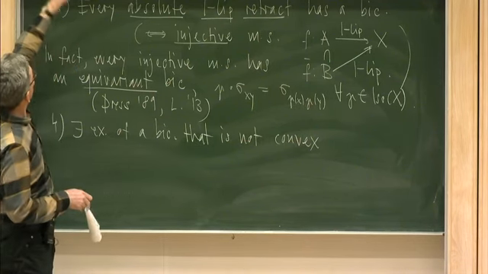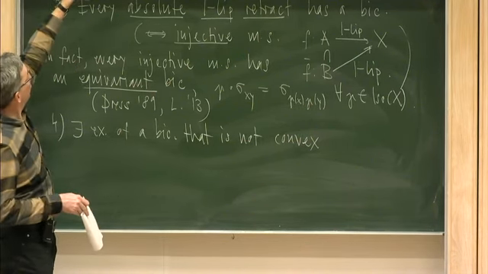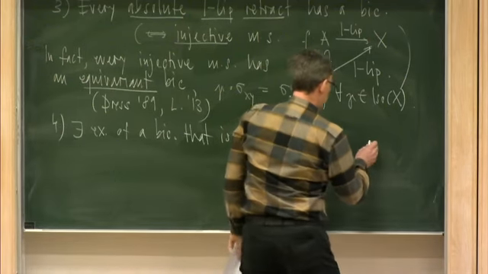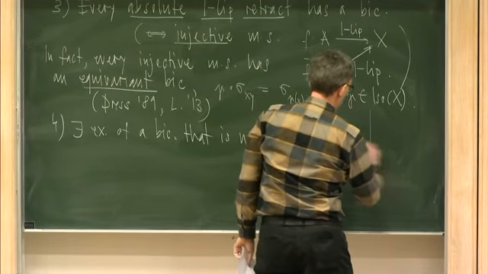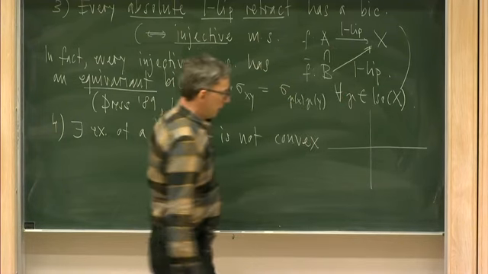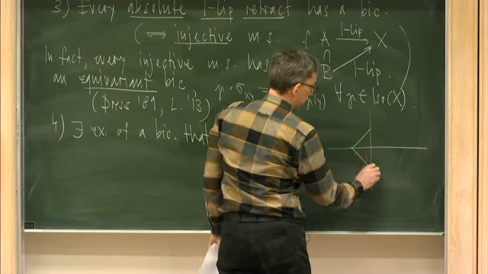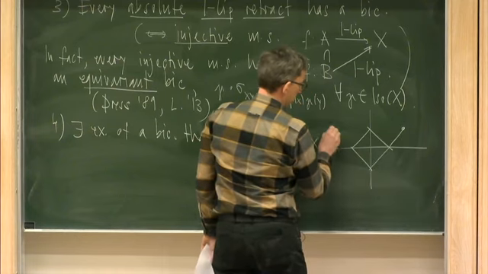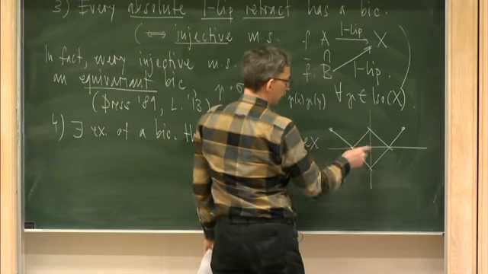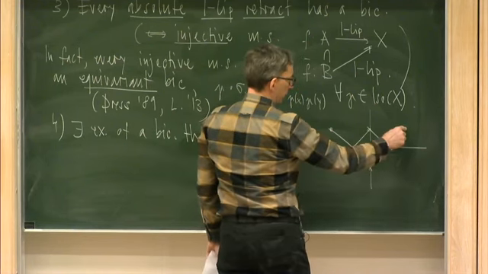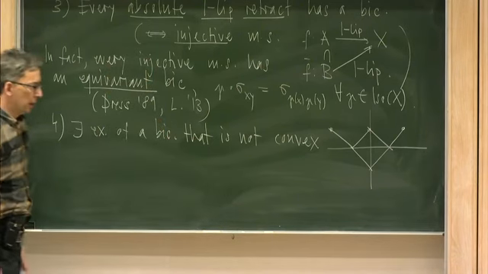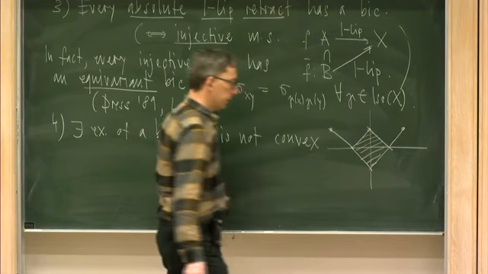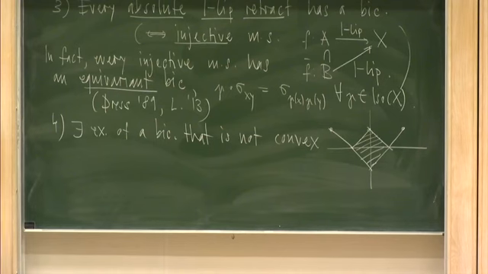You can produce it as a subset of R2 with the sup norm. I'll just briefly describe it. Take in R2 with the sup norm a diagonal square, and attach some antennas. Let's say these points here are at the same height, height 1. So the solid square plus these two antennas.